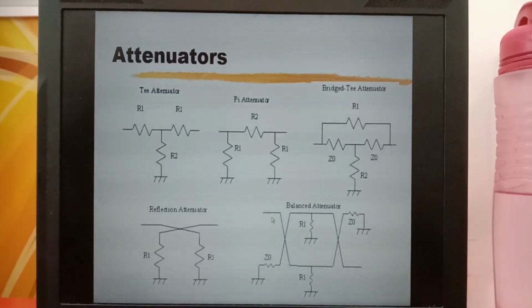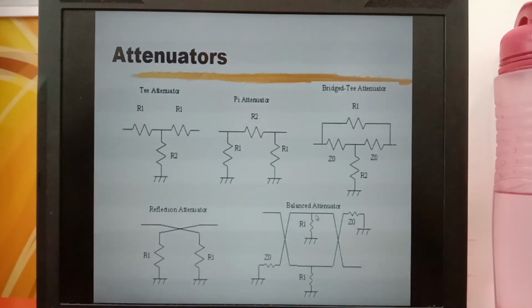Therefore, no signals are reflected back to port 1, and this is how we get the impedance match at port 1. Similarly, different values of R1 will give rise to different amounts of reflection, and therefore different amounts of insertion loss or attenuation.